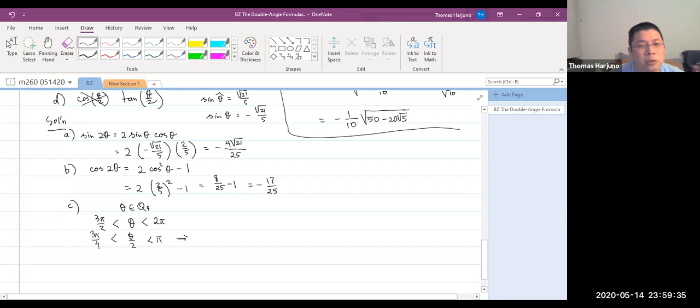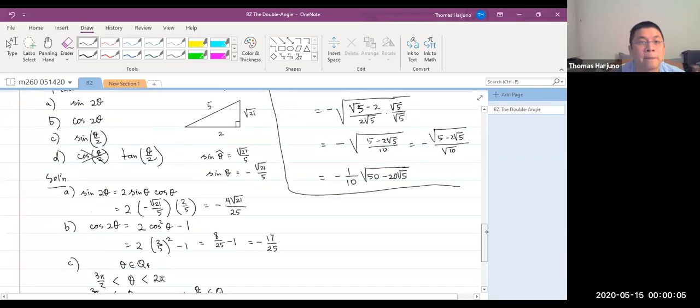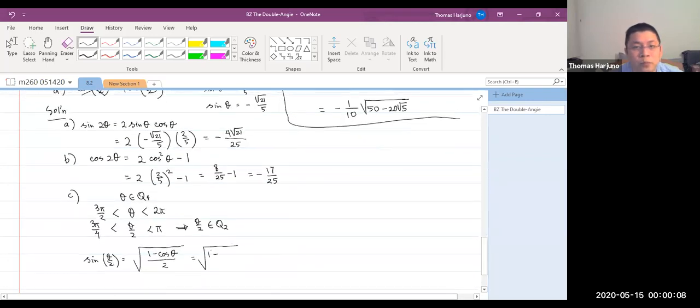In other words, theta over 2 is in quadrant 2. Now then, we can say sine theta over 2 will be positive square root of 1 minus cosine theta over 2. So that's 1 minus, what is cosine theta? 2/5. So this is 2/5 over 2.